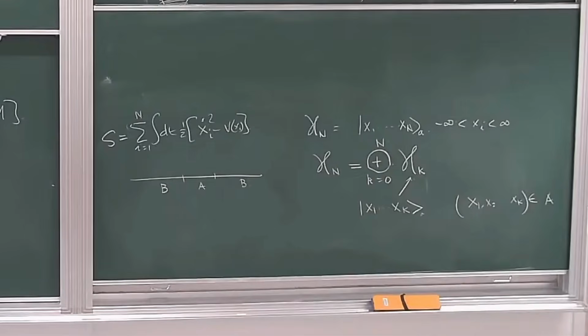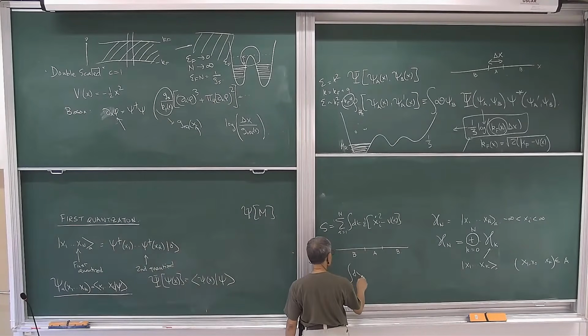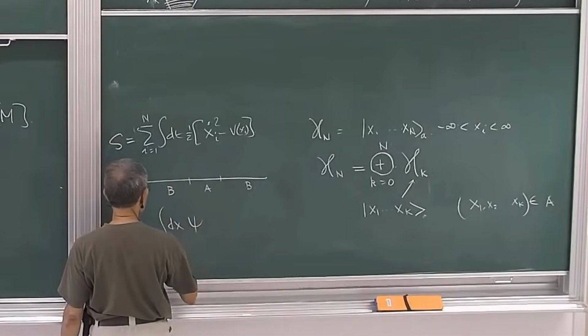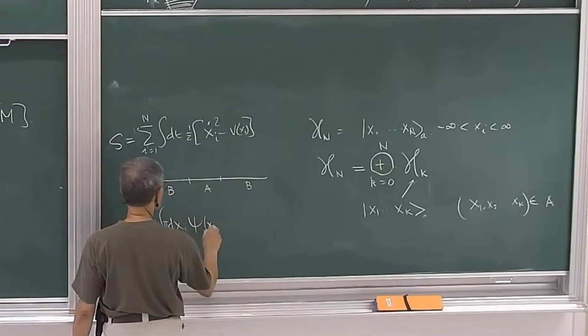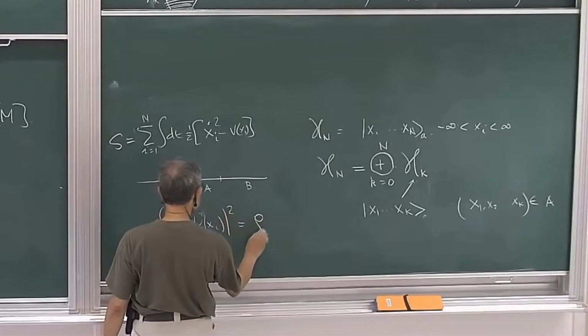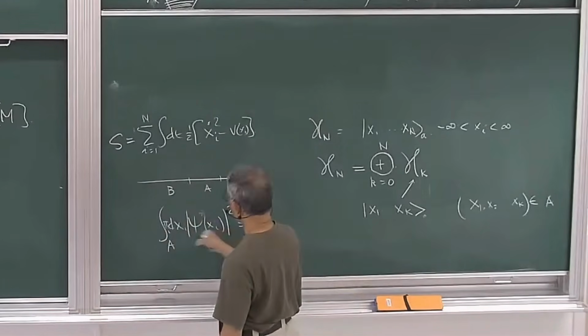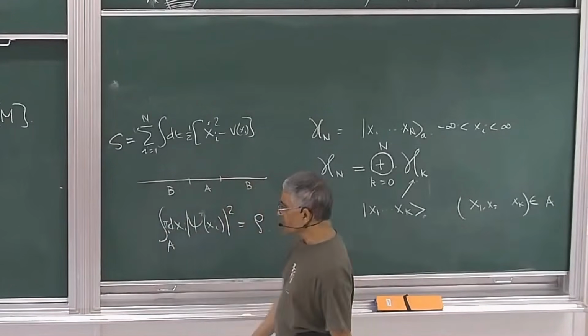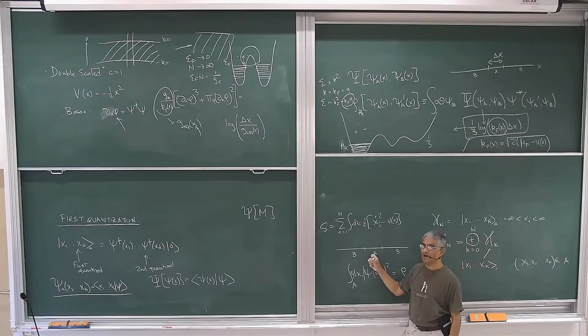The reason why it has to be this way is because given some wave function psi, if I integrate that wave function only over the region A with all the mod psi square, that gives a probability of anything lying in A, but I can ask what is the probability of finding k particles in A.